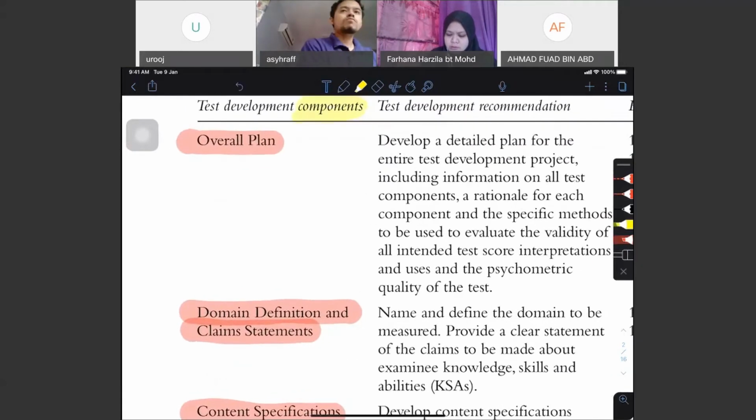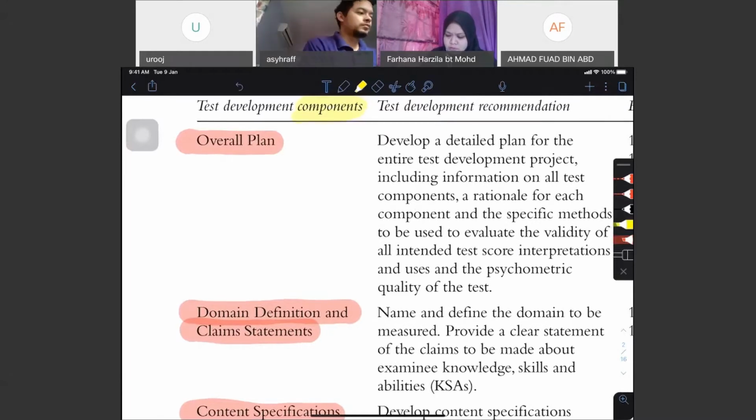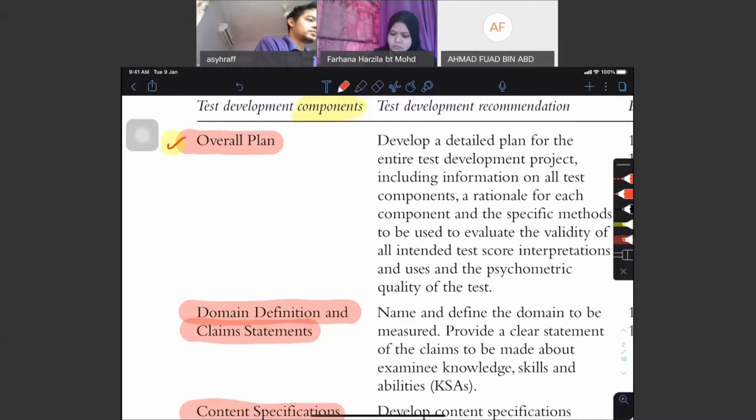Okay. So the first component, which from what I understand should be the first step actually, is the overall plan. The overall plan is when you sit down and develop a detailed plan for the entire test. I think when you come into a medical school, these things are already in place.